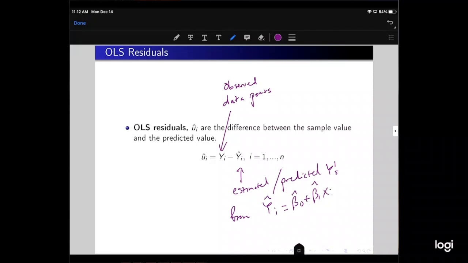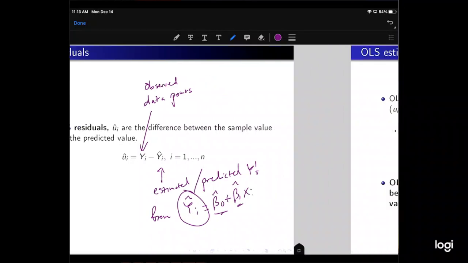So we're taking our estimated values of beta 0 and beta 1 and putting them back into the regression and getting estimates of the yi's, or predicted values. The residuals are just the difference between the observed data points and the predicted values.